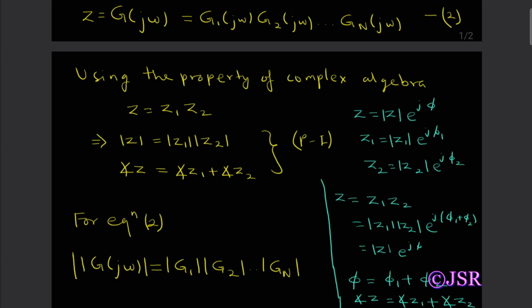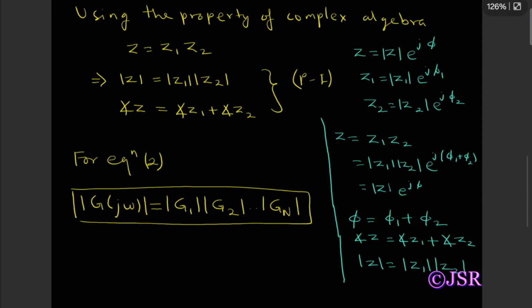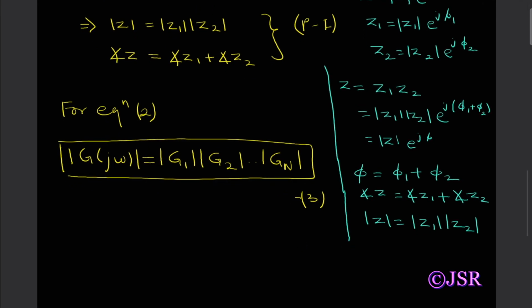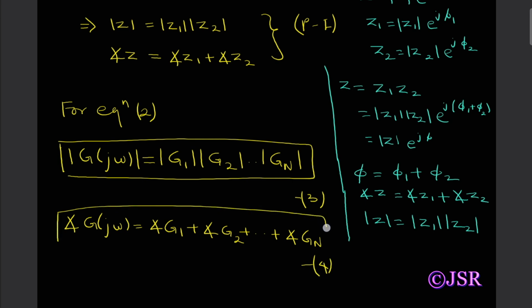This will be equation number 3. Similarly, the argument of G of j omega will be equal to the argument of G1 plus the argument of G2 up to the argument of Gn, and this will be equation number 4.